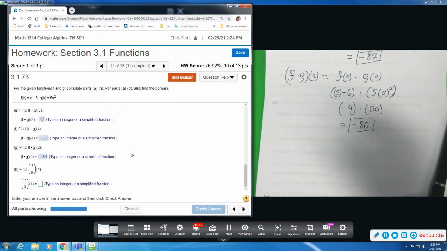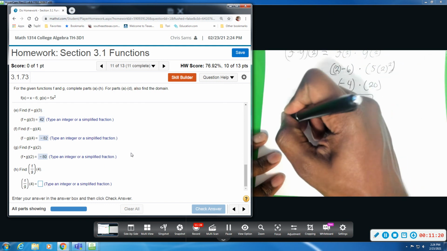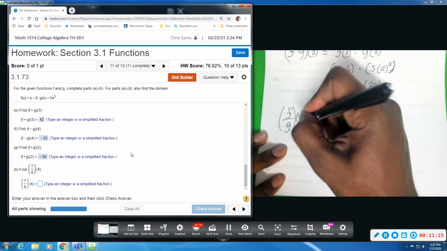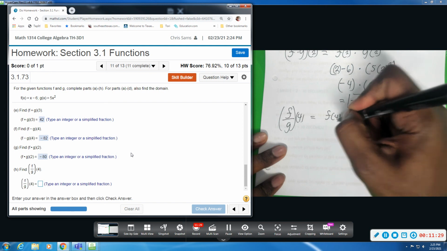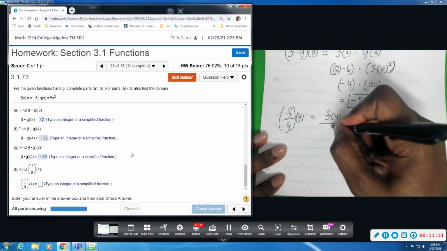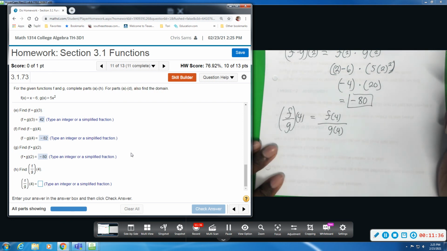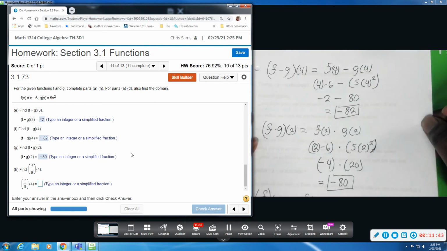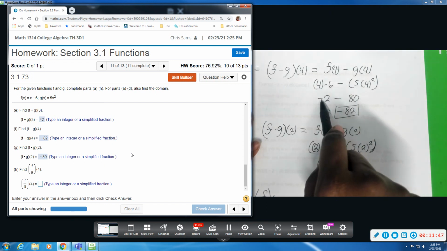And then f divided by g of 4. So what that means is we're going to take the f equation, plug in a 4, take the g equation, and plug in a 4. Now, we did use 4 already up here when we subtracted. We plugged in a 4 for f and we got negative 2.